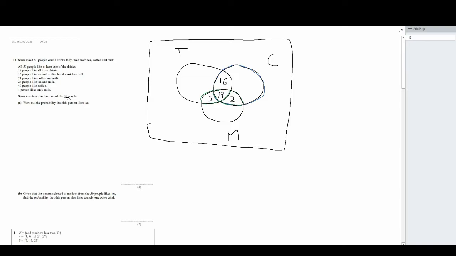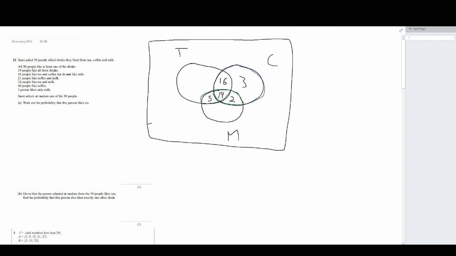So we need to do 40 minus 16 plus 19 plus 2, which gives us 3. So if we add 3 plus 2 plus 16 plus 19, that satisfies the 40 people in the coffee circle.